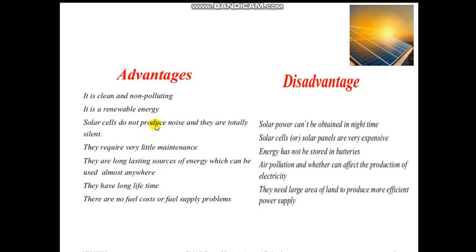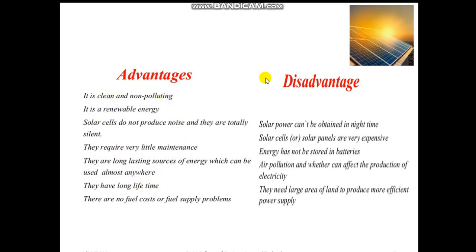It requires very minimum maintenance, it is a long lasting source of energy because we can avail the input energy everywhere, and it has a long lifetime. Also it is a one-time investment, and no fuels or fuel supply are required. These are the main significances of solar cells.